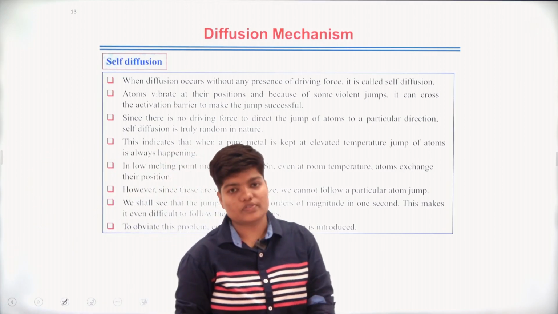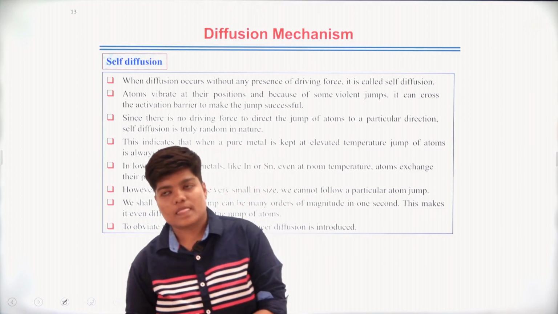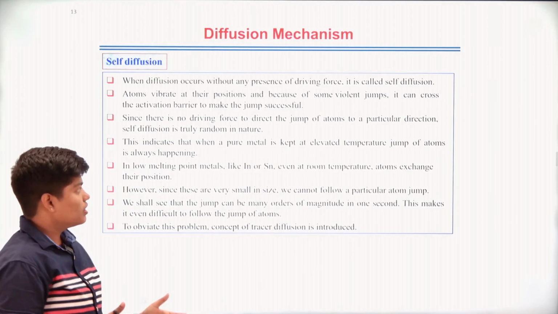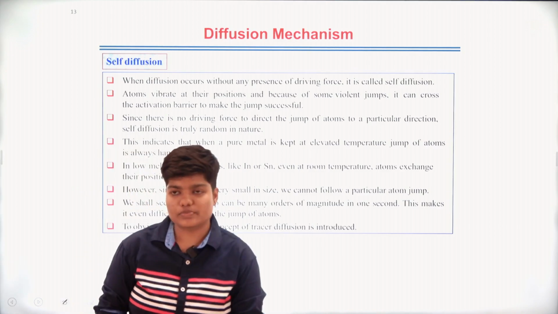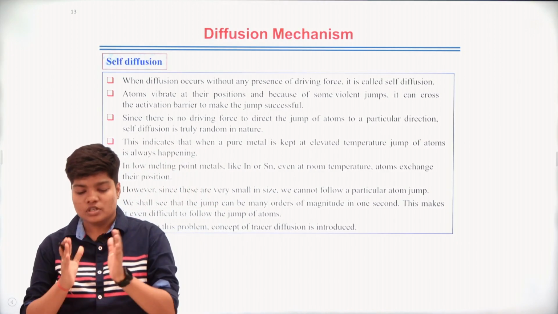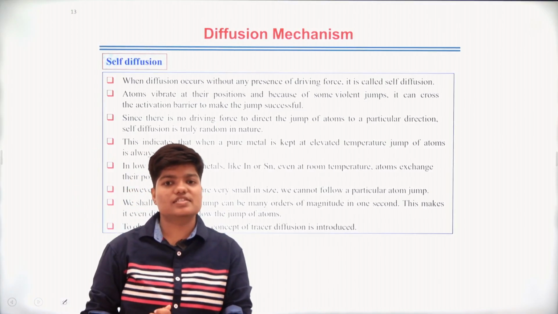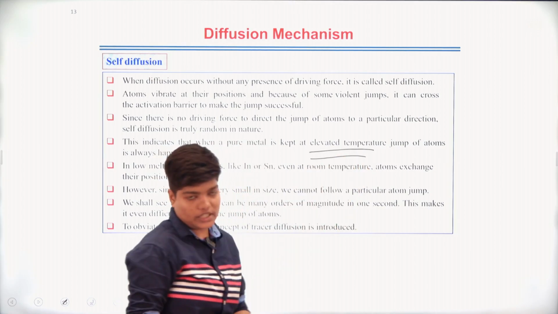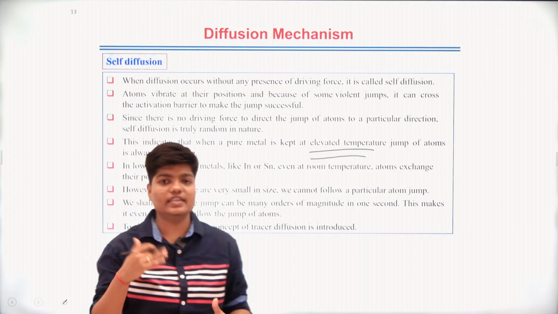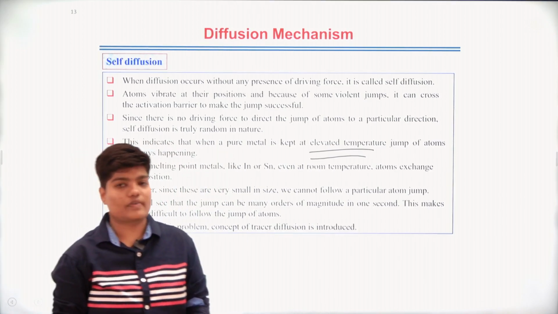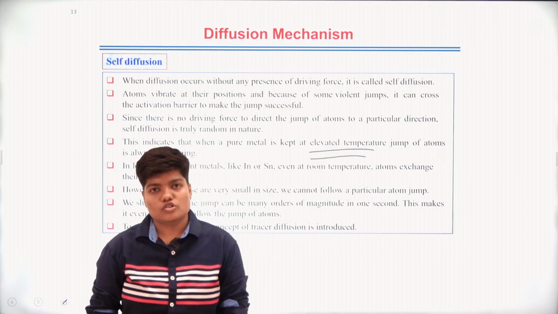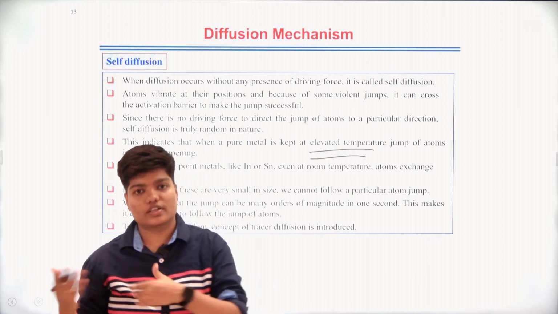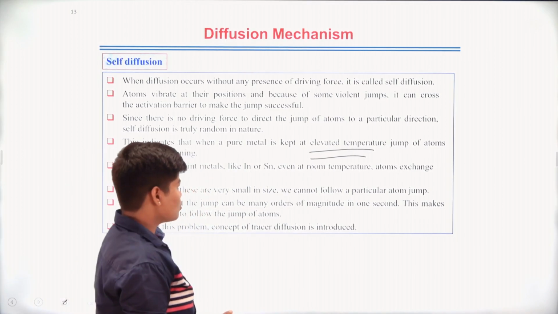In this type of diffusion no driving force is required, because it occurs by the jumping of atoms from one position to another, and this happens at elevated temperature. If a pure metal is kept at high temperature, vacancies and atomic vibrations occur, so atoms go from a regular lattice site to another vacancy site or position, and diffusion occurs.